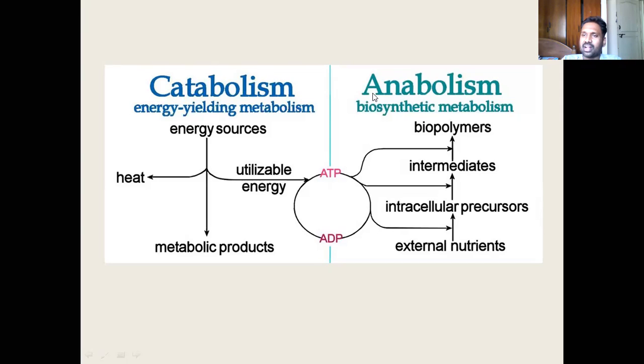As well as protein synthesis, anabolism. DNA replication, anabolism. Biosynthesis of numerous compounds in the cells like alkaloids, terpenoids, lipids, steroids, hormones. All these things are anabolic reactions, right?